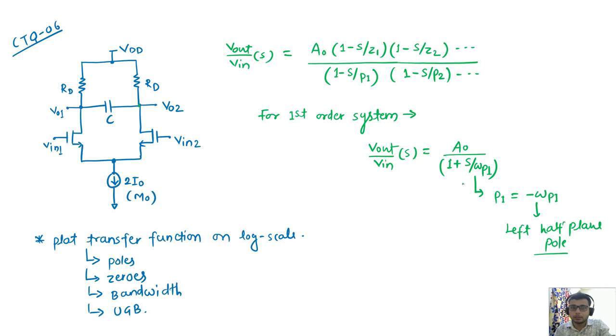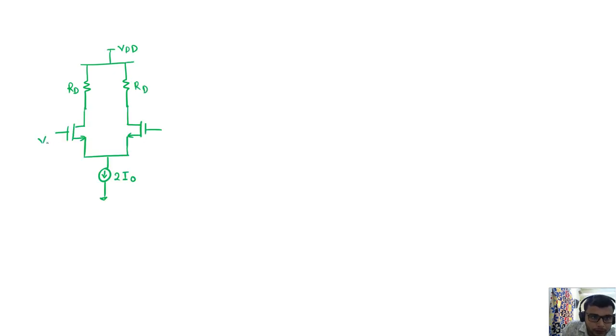Now we will see how this circuit is behaving, what should be our analysis, and we'll conclude the transfer function later on. In any differential circuit we can see here, it is a simple circuit in which a resistive load is there. This is my input 1, input 2, and in between the outputs there is a capacitor, with V out 1 and V out 2.